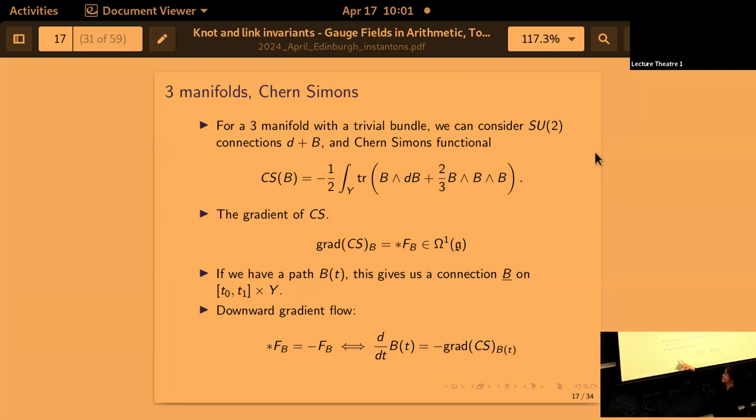This may be a little bit confusing: this star is a 4-dimensional Hodge star, but that star is a 3-dimensional Hodge star. So these are different stars.